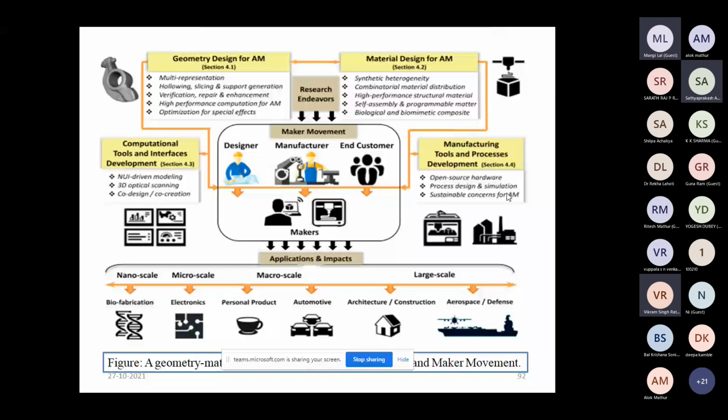It means that in recent times you can make the product for the end customer according to the demand of that customer. You can make the product at nano scale for biofabrication, or micro scale for the electronics part, or also for the automotive system, and for architecture, aerospace and defense.